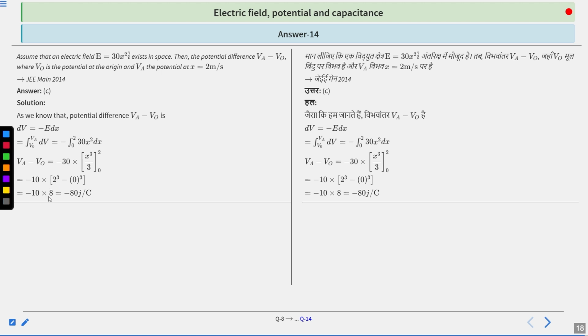So minus 10 multiplied by 8 is equal to minus 80 joule per coulomb. Minus 80 joule per coulomb is the potential difference VA minus VO asked in this question.